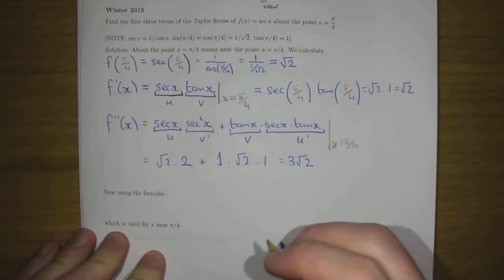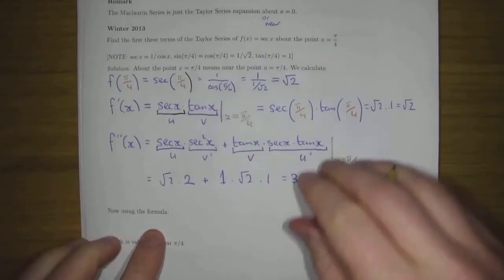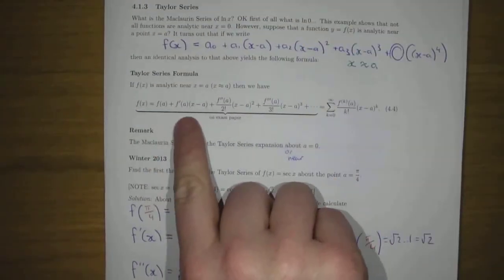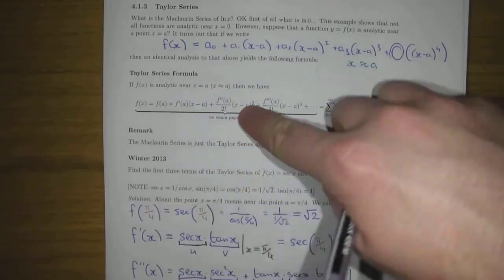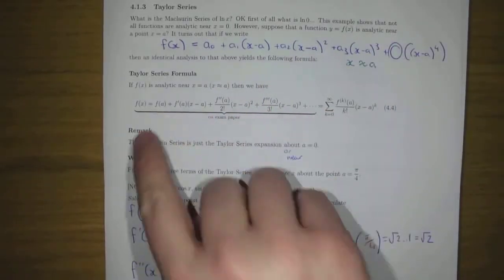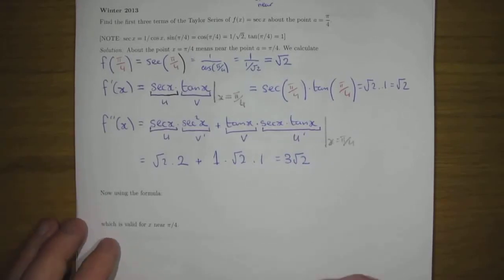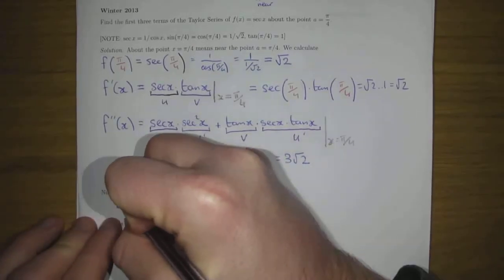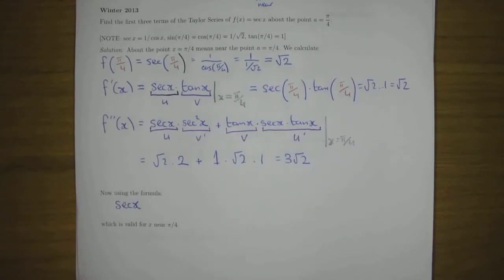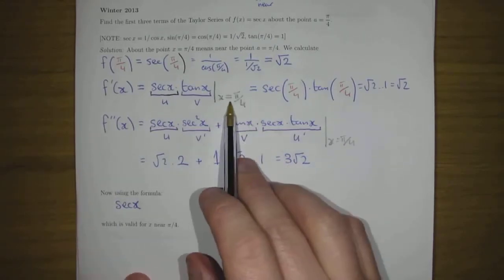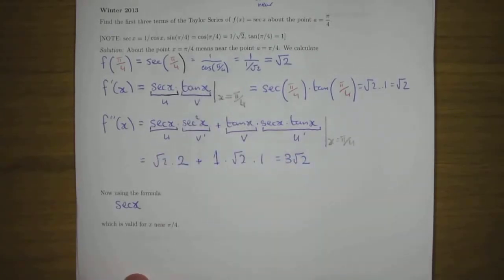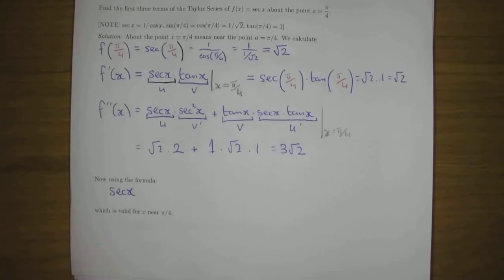Okay, so now using the formula, if we cut this off at the first 3 terms, which is what we're doing, this isn't an equals, it's an approximation. So sec of x, and by the way, if you remember I said as an exercise doing the Maclaurin series of sec, well then you'd just be plugging in x equal to 0 into these, and you get sec of x near x equal to 0 is approximately 1 plus half x squared.